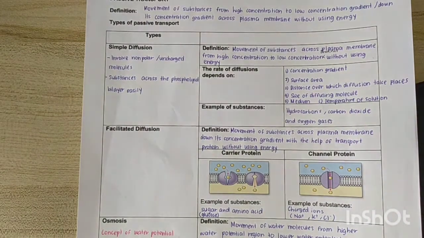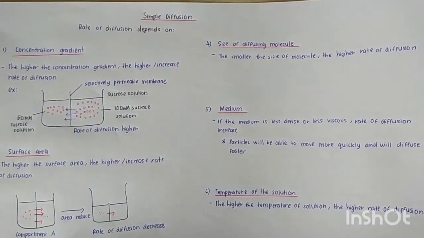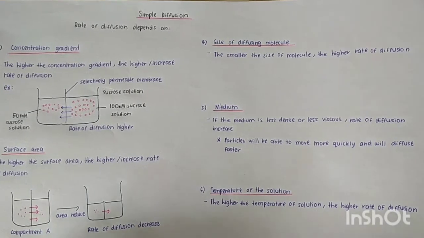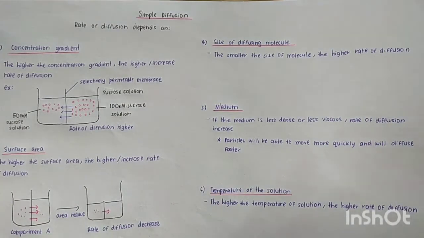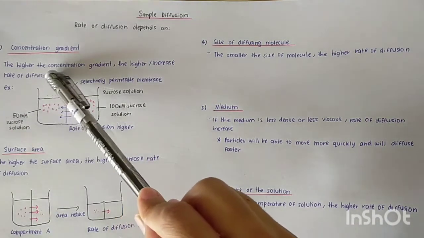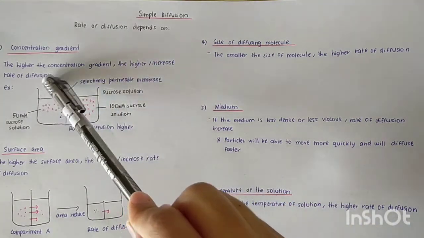So if you look at this paper, the first one is concentration gradient. So how can concentration gradient affect the rate of diffusion? If you look here, the higher the concentration gradient, the higher the rate of diffusion.